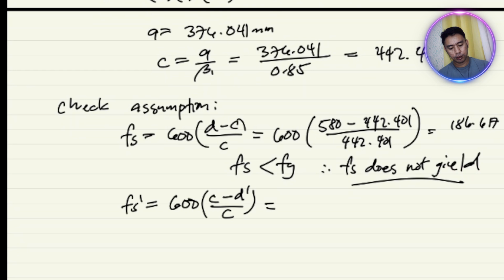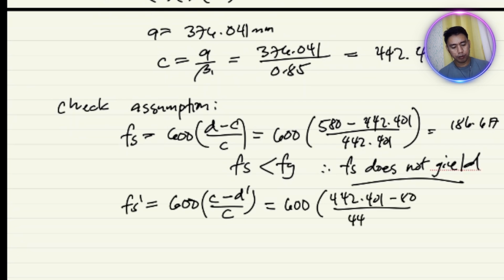This is equal to 600 times c 442.401 minus 80 over 442.401. This is equal to 491.501.